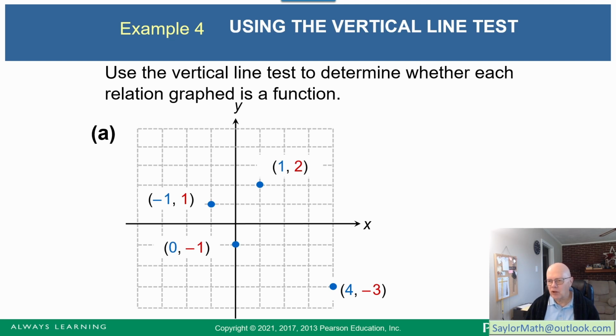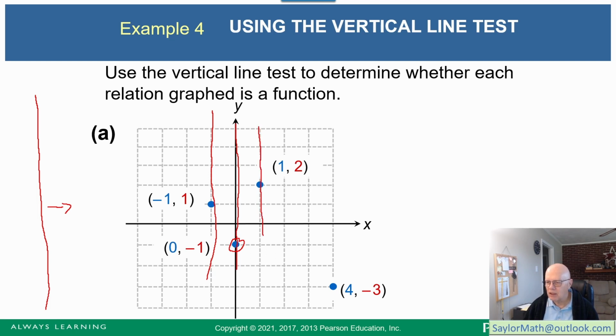So here's one you can try. So start on the left here. Imagine you have a vertical line and we're going to move it right. Well, the first point it runs into is right here, and there's only one point on that vertical line. Slide over on this vertical line. It only connects on one point.